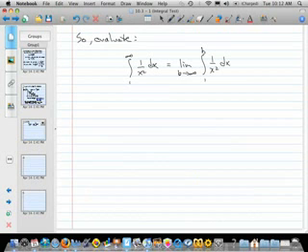All right, which is the limit as b goes to infinity of, that's really x to the -2, so it's going to be negative 1 over x, evaluated from 1 to b.